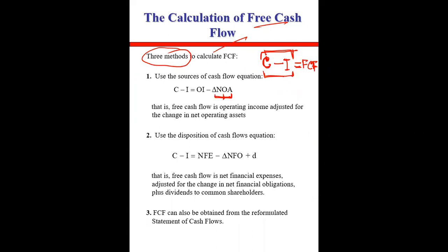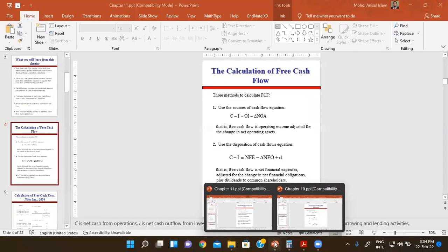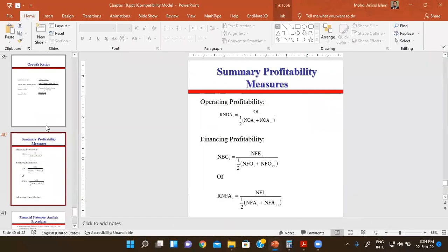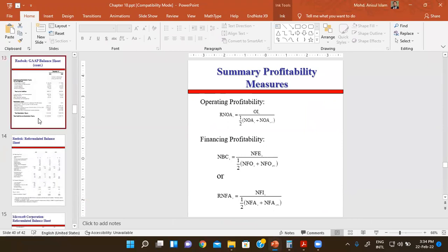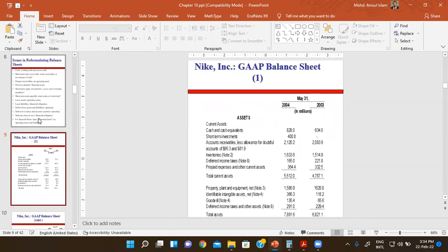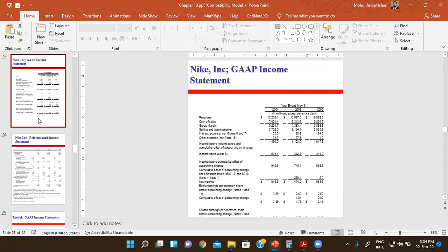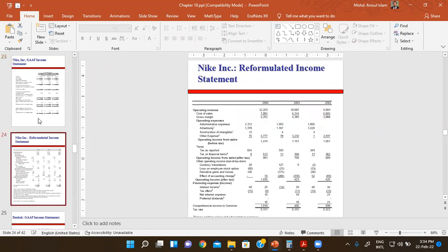So let's have a quick check by using the Nike financial statements from the previous chapter slide. Let me take you first to the reformulated income statement.